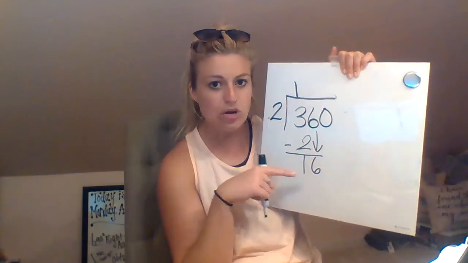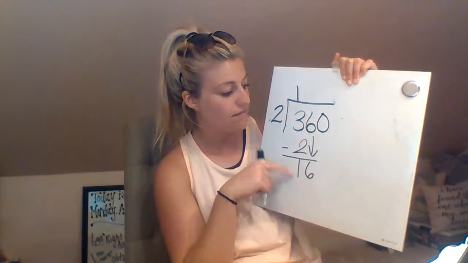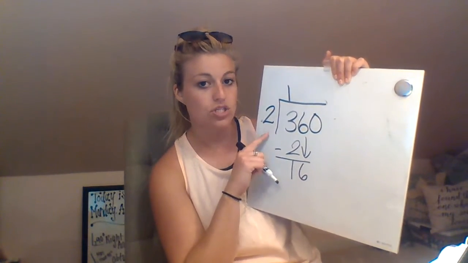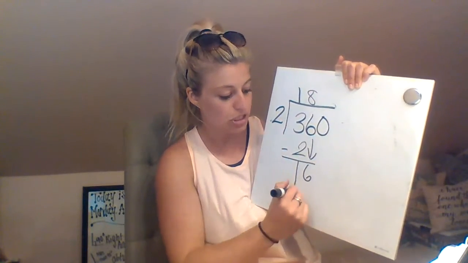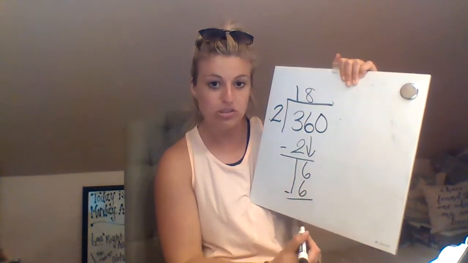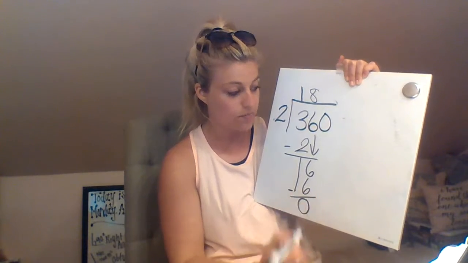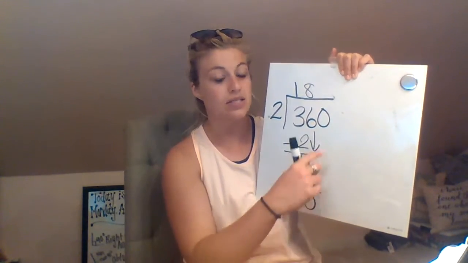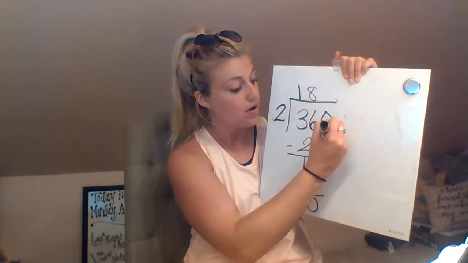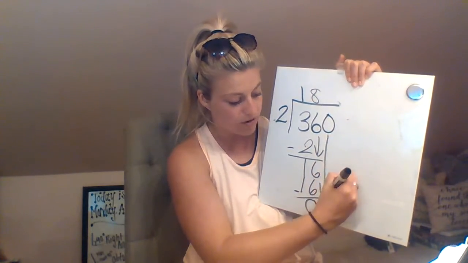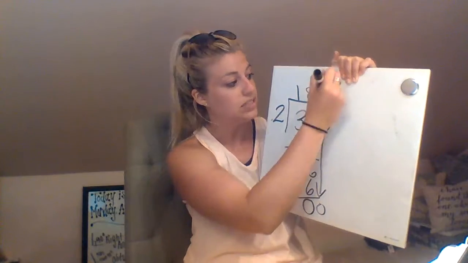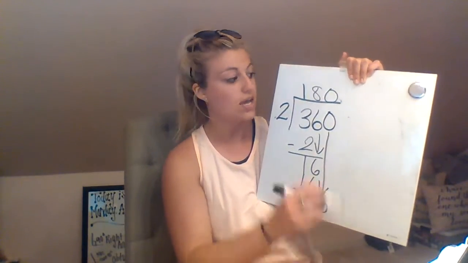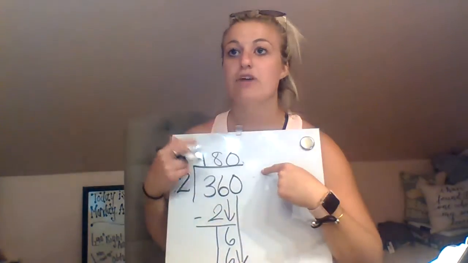Okay? So now I have 16. 2 can go into 16 8 times. 8 times 2 is 16. When you subtract, you get 0. I'm not done yet. Brother still says bring down, and I have a 0 all the way over here. 2 can go into 0 0 times. Okay? So that was the first part.